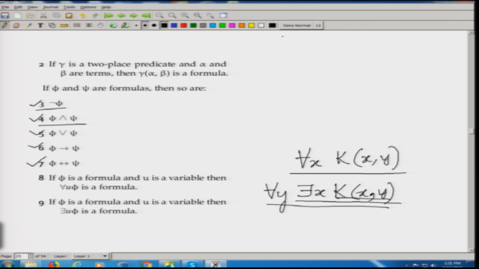I just say that M alpha means alpha is a man.